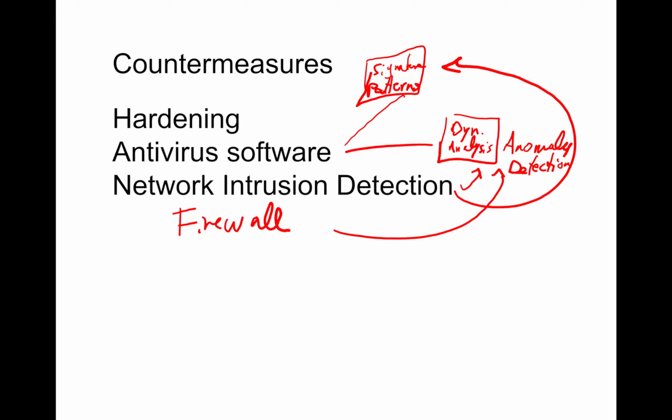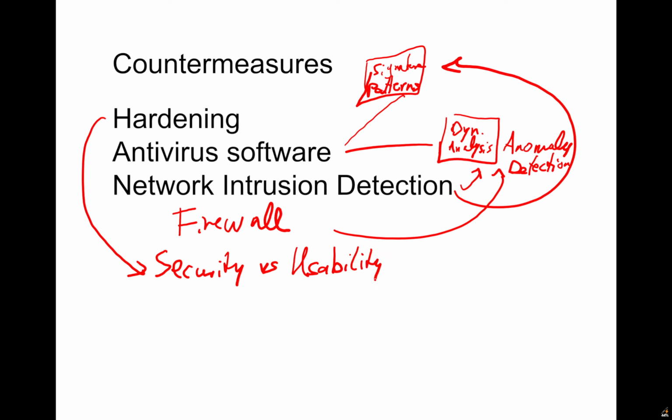And the third element that you could do is to balance security versus usability. It might be very nice to plug in a USB stick. It displays a nice icon.